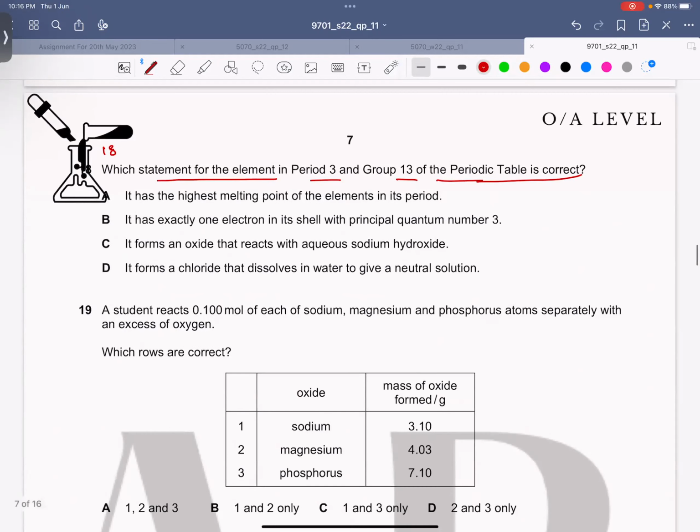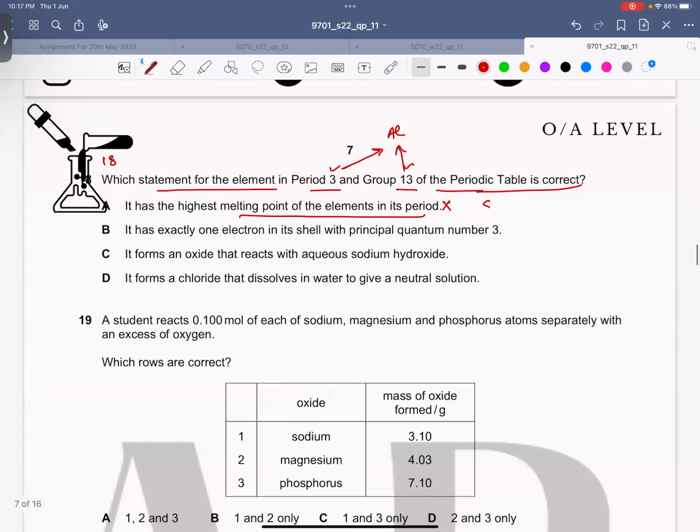If you look in the periodic table, you will find the element in period 3 and group 13 is aluminium, right? So the first statement goes wrong because silicon has the highest melting point in its period. So that's why A goes wrong.